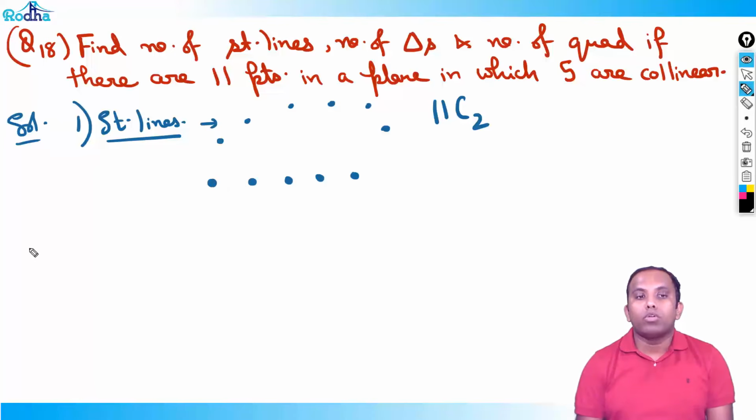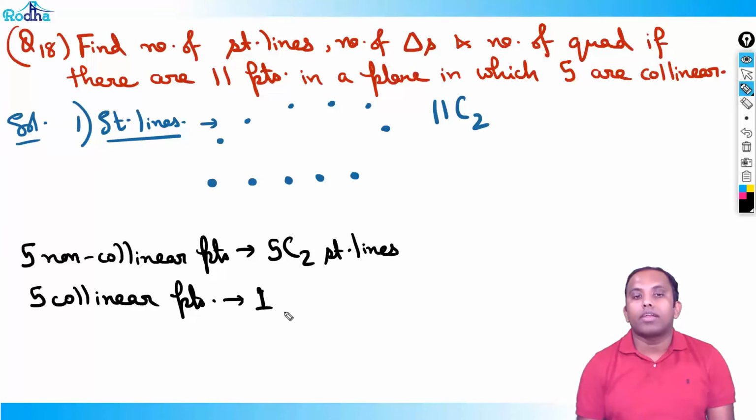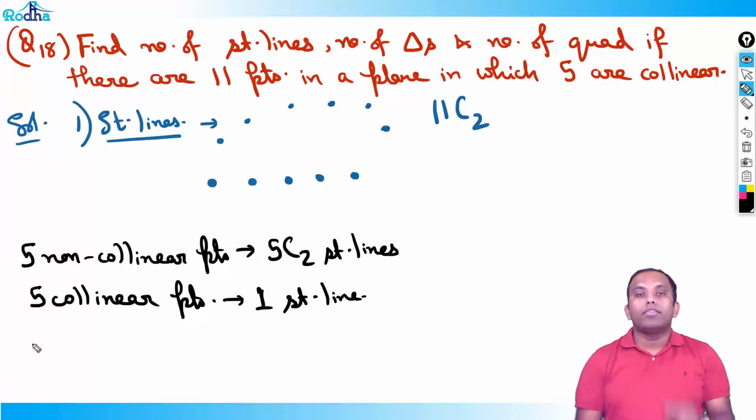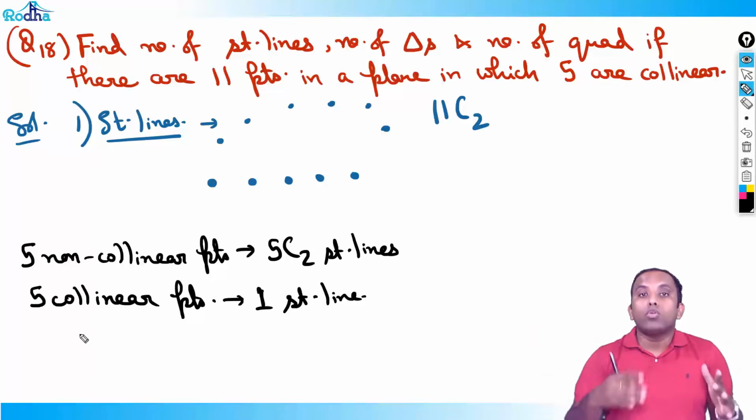But 5 collinear points will give you only one straight line. If there are n non-collinear points, you can draw nC2 straight lines, but if there are n collinear points, you can draw only one line.